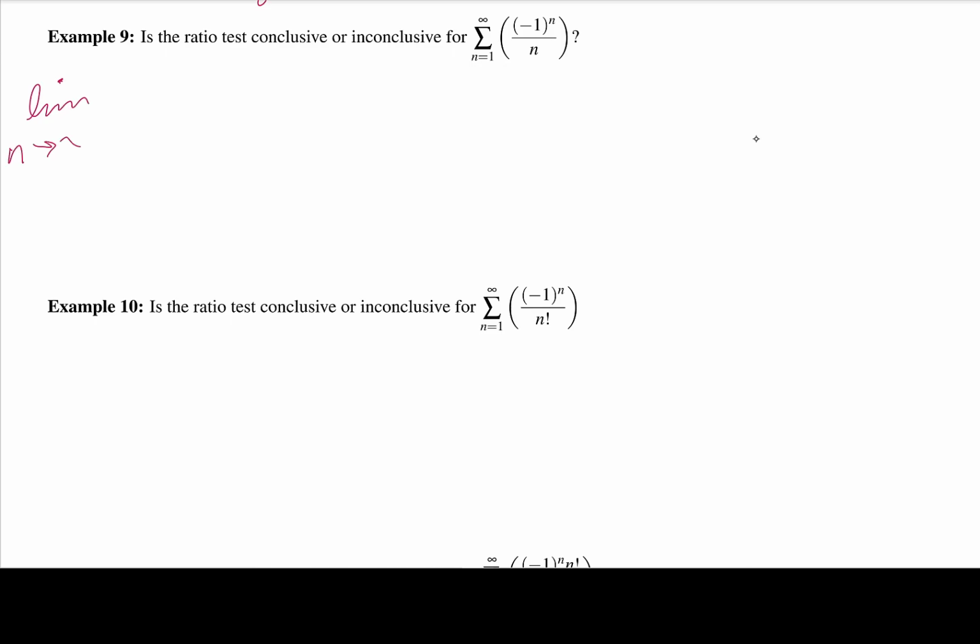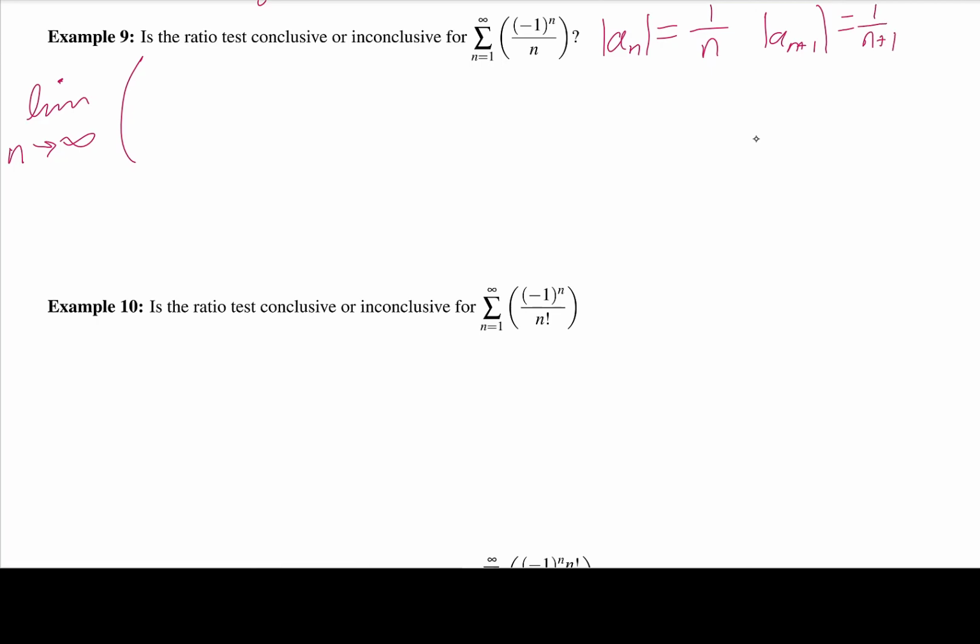Okay, so for this first one, we'll have the limit as n goes to infinity of, we're going to be taking an absolute value, so I'm going to ignore this negative 1 to the n, right? So we can say that the absolute value of a sub n would just be 1 over n. And the absolute value of a sub n plus 1, well, this would be 1 over n plus 1.